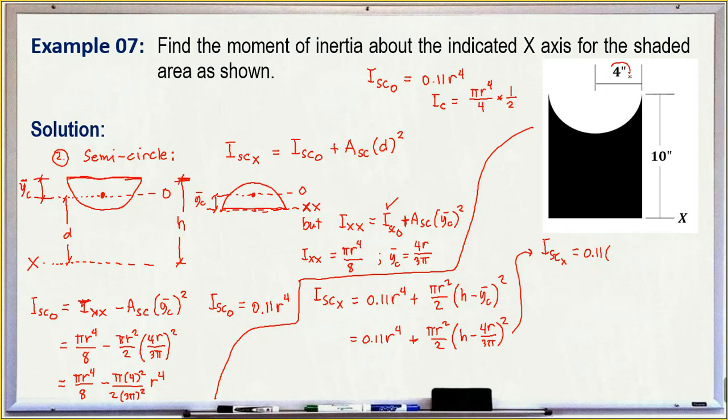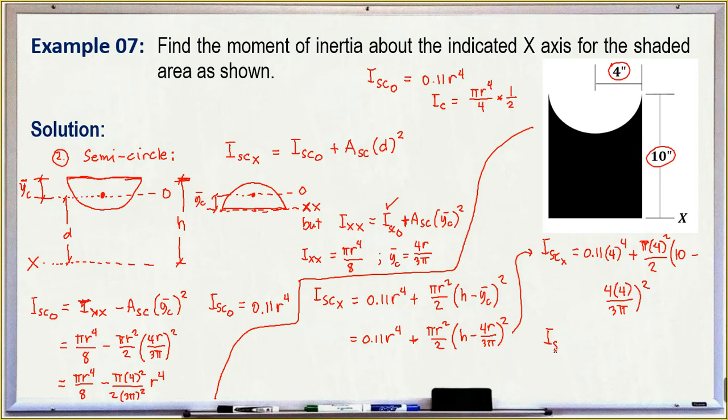Our radius is 4 inches, so we have 4 raised to the fourth plus pi 4 squared divided by 2 times the height, which is 10 inches, 10 minus 4 times 4 over 3 pi, and then we're going to square that.